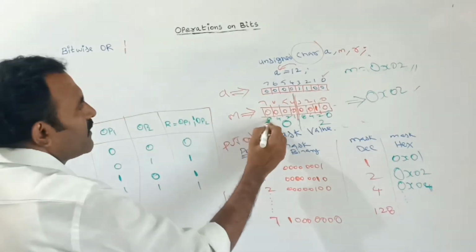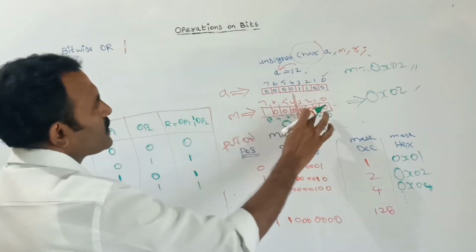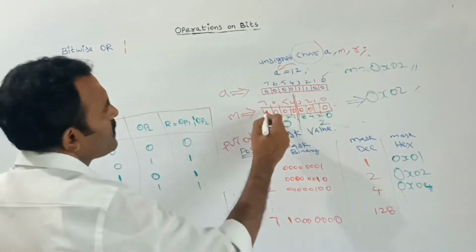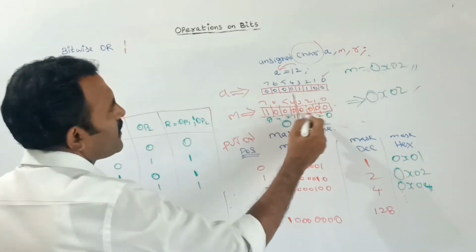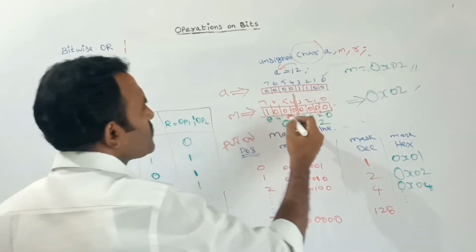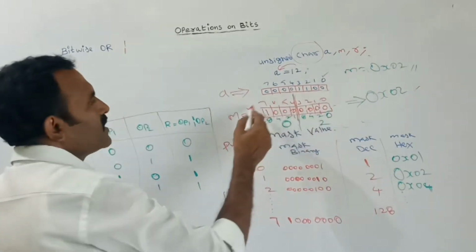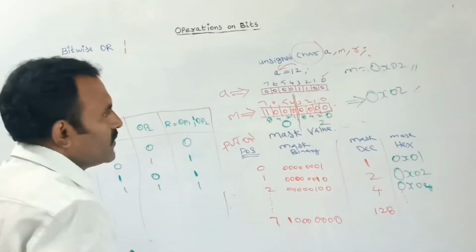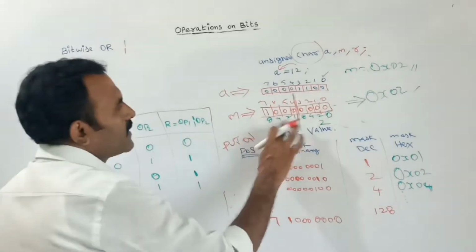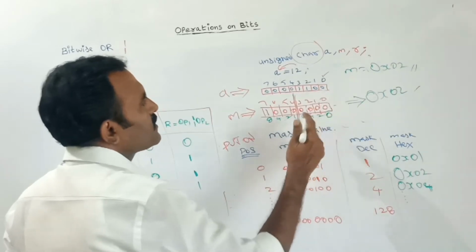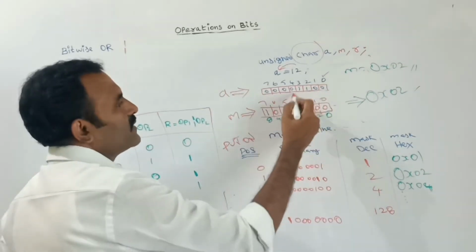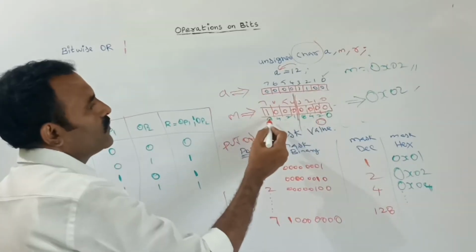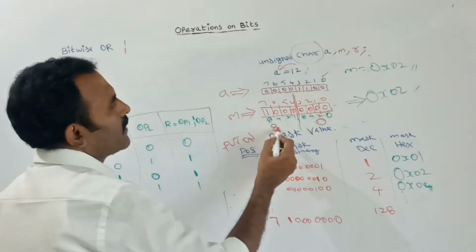Suppose I want to turn on the 7th position. Then the 7th position value is 1 and every remaining bit value should be 0. This is the mask value for turning on the 7th position. Converting this into hexadecimal, this portion has every bit 0, so 0, and in this portion 1 into 8 gives 8.